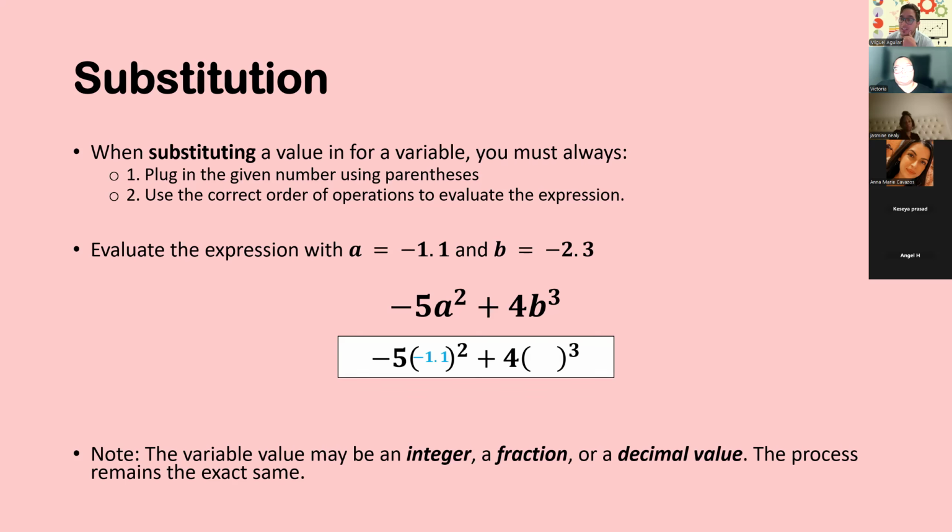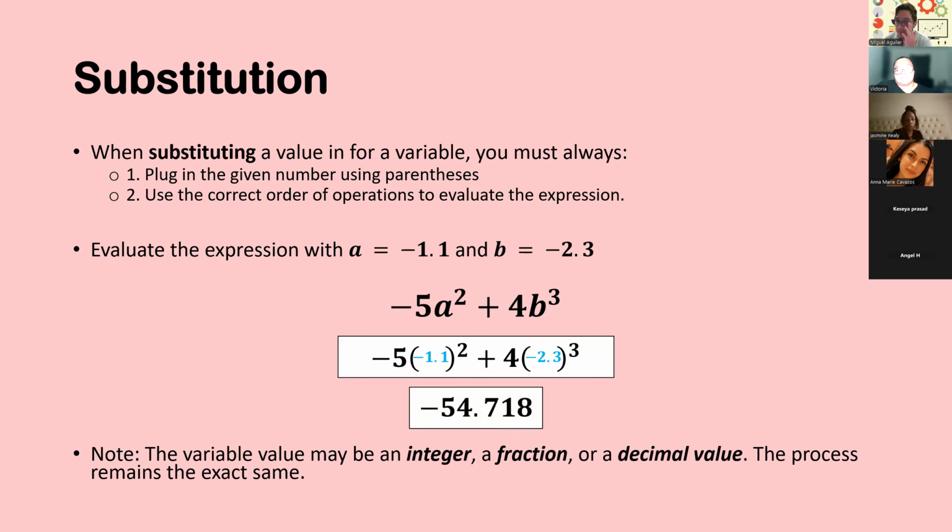Right? And next to the 4? -2.3. And if you plug that into the calculator exactly the way you wrote it down, hit enter, you'll get this number, right?